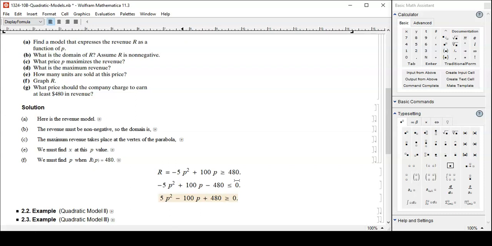What am I doing here? Flip everything over, so that should be greater than or equal. And multiplying by negative, I switch the order of the inequality. Okay, now it's right. Sorry about the typo.